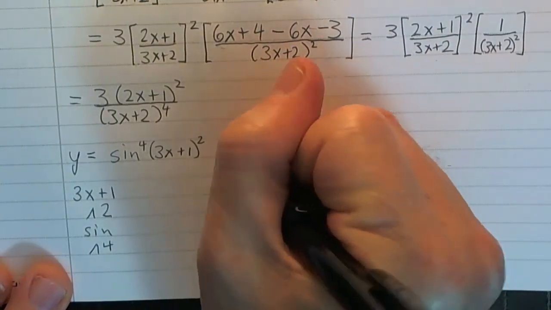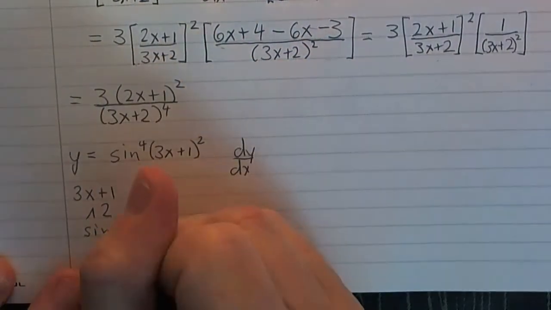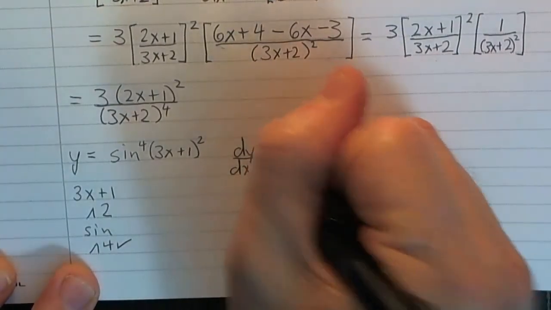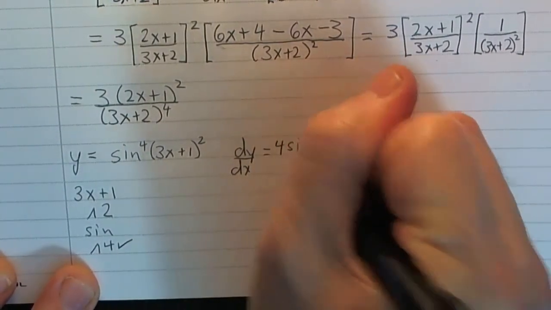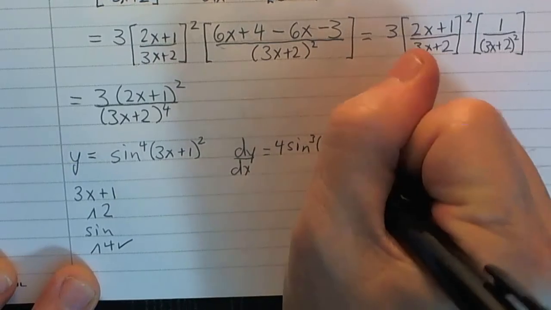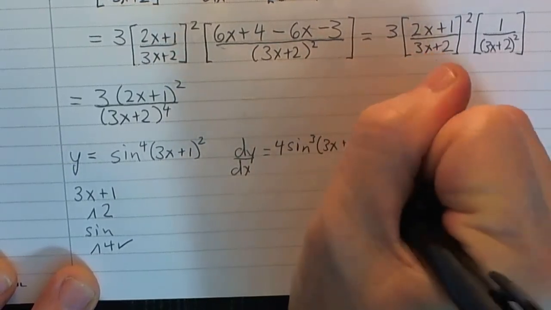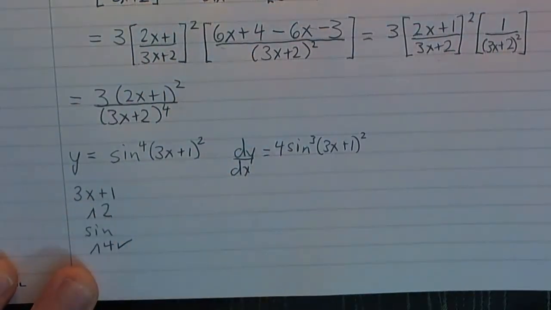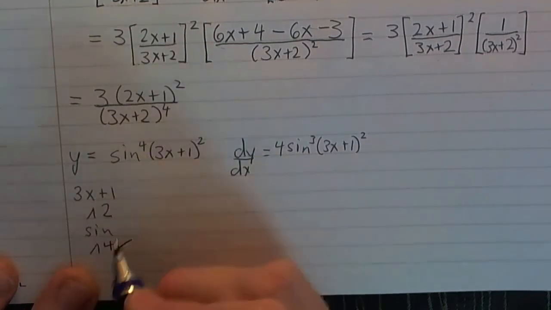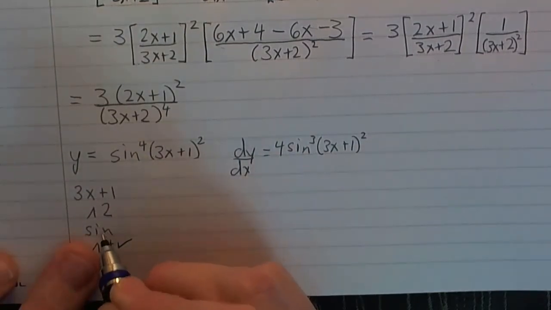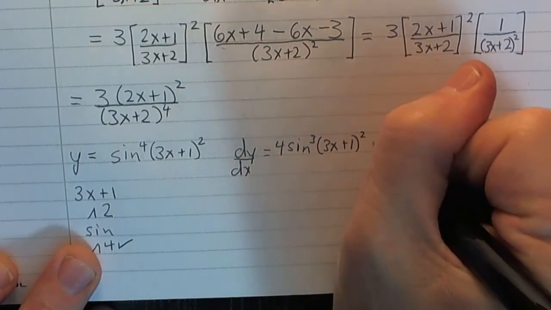So let's see here what we have. We have dy dx. I'm going to take care of this 4th power. So this is going to be 4 sine cubed of 3x plus 1 squared. All I did was take care of that outsidemost function, then times the derivative of sine. Well, the derivative of sine is cosine.